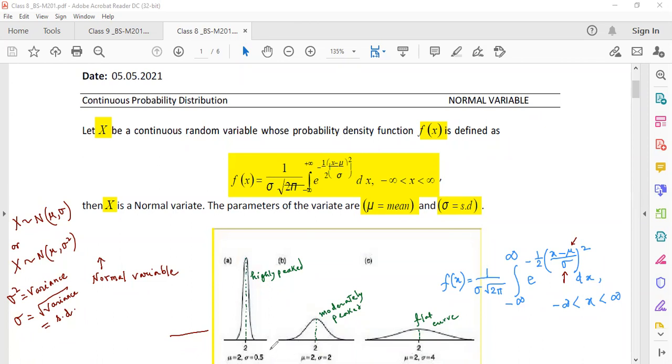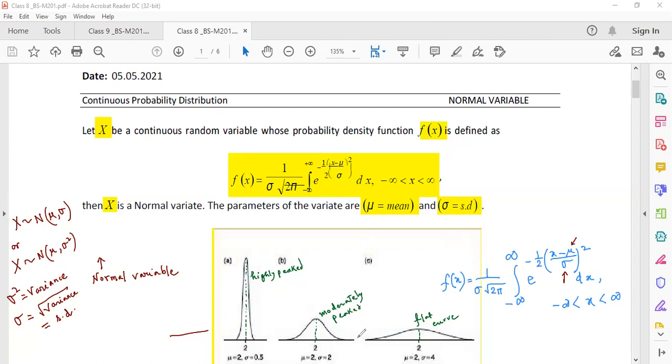What is different is their standard deviation, the dispersion, the scatteredness of the points around the mean. Here the scatteredness is less, so you get less deviation on both the sides. Here scatteredness is kind of moderate, so you get some sort of deviation on both the sides. Here scatteredness is high, so you get a large deviation on both the sides of this middle line.